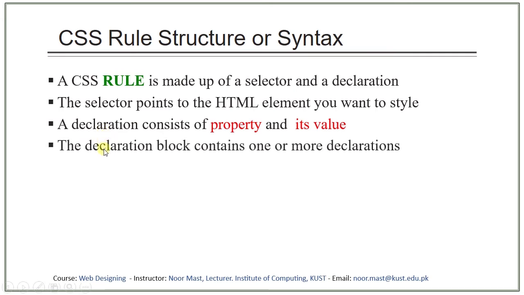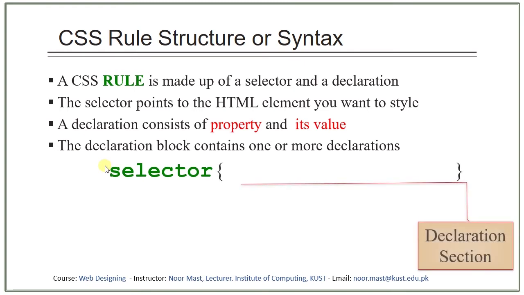The declaration block contains one or more declarations, and each declaration ends with a semicolon. For example, to define a CSS rule, first of all, define a selector and then define the declaration section, that is, define the property and value of each property.